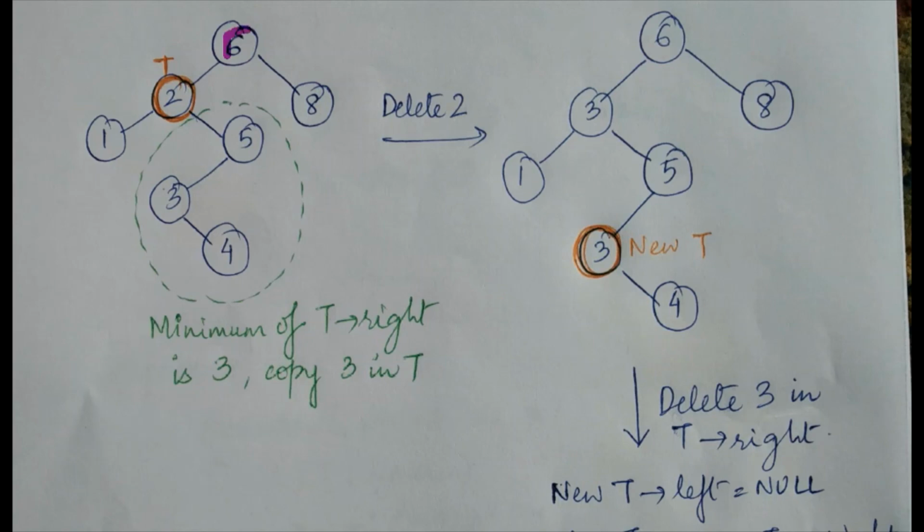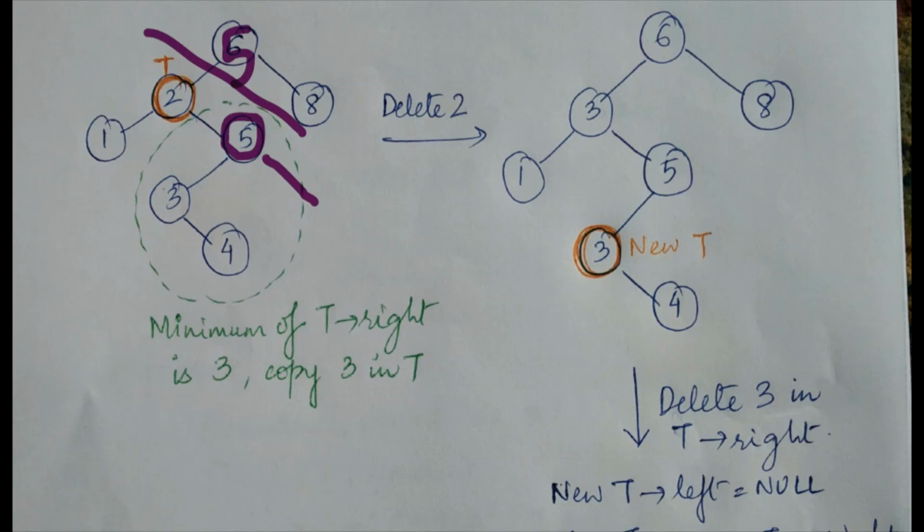So 5 is here now, and I want to delete 5 in the left subtree. Once I reach 5, 5 has a left subtree. It doesn't have a right subtree. So when t to right is equal to null, t is equal to t to left.